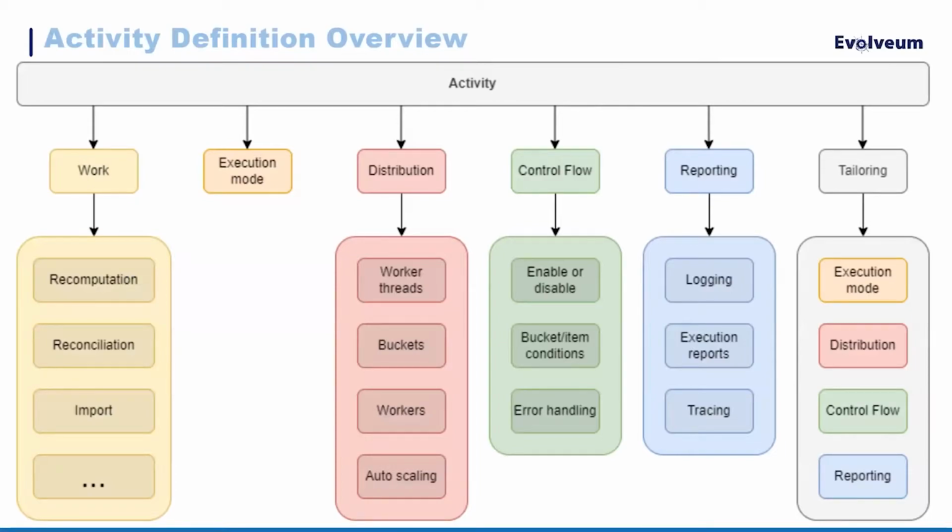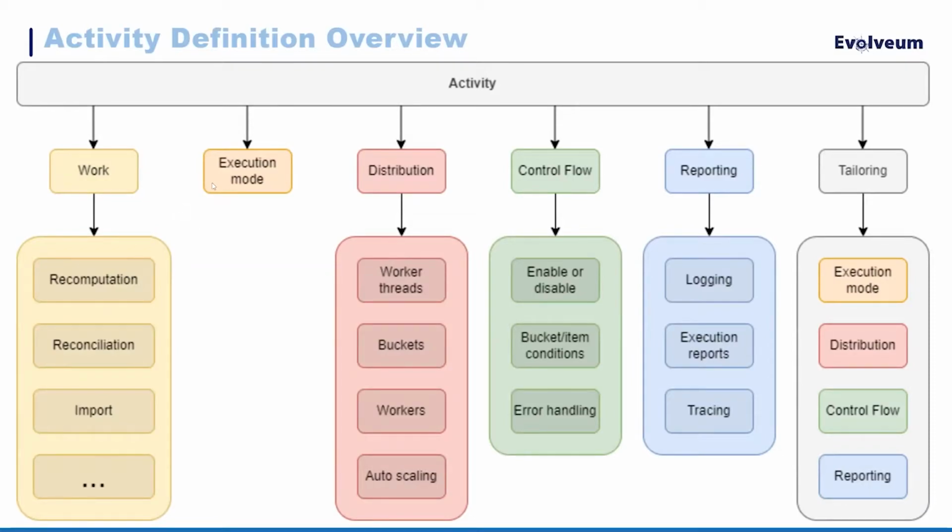The activity definition has the following logically organized structure. The main part is the work, here the yellow one, telling what has to be done and on what objects, like importing all accounts from a given resource or recomputing a specified set of users using given execution options and so on.